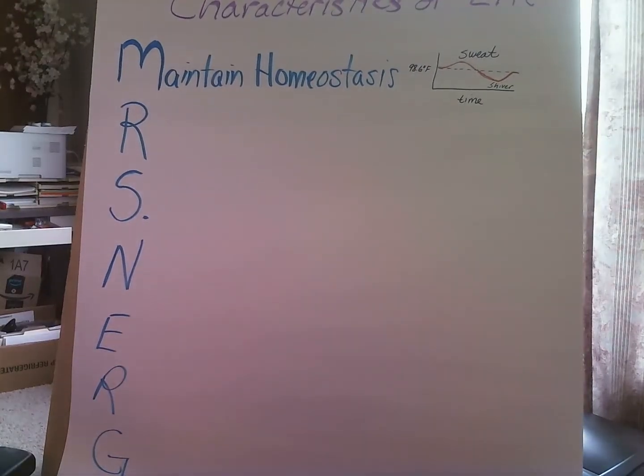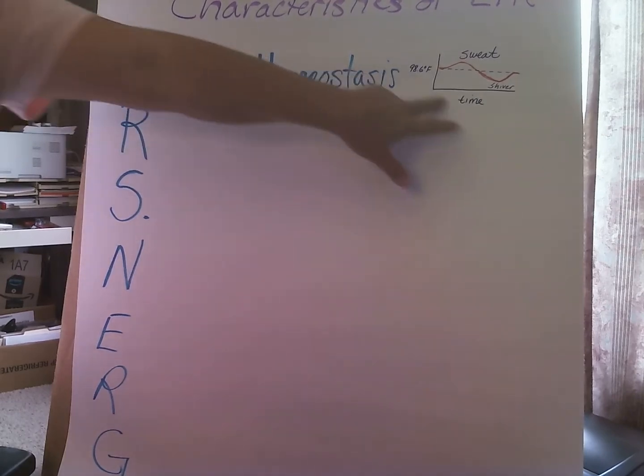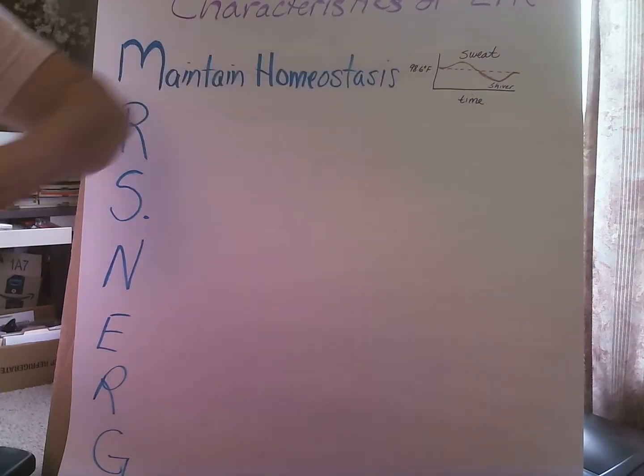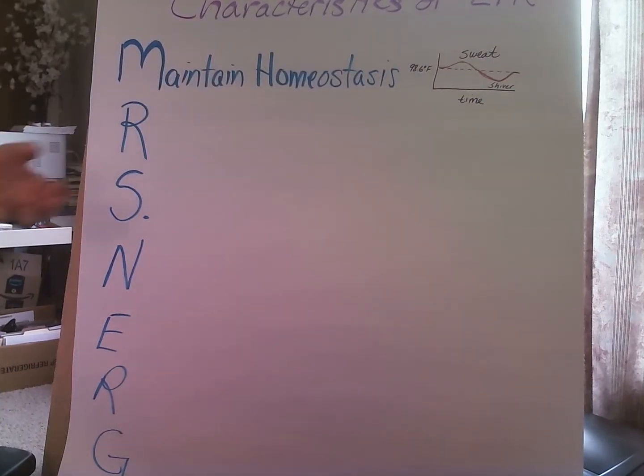So every day, all day, our body is maintaining homeostasis. We are always trying to keep our bodies at 98.6. All living things maintain homeostasis. Not all living things maintain their body temperature. Mammals do this, but a frog does not, maybe a frog. Let's see.